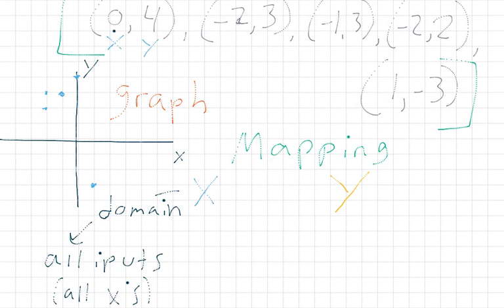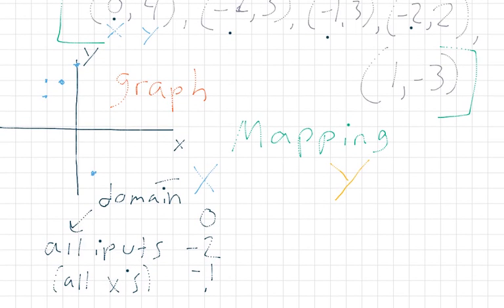So I have a 0. I have a -2. I'm just listing them all here. I have a -1. I've already listed -2. I don't have to repeat it for this one here. And then I have a 1. So I'm going to move this a little bit. Okay, I also have a 1.